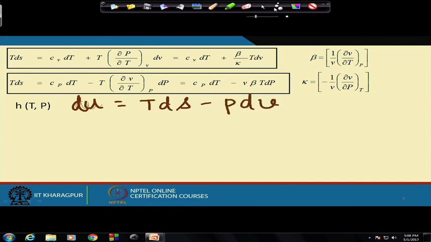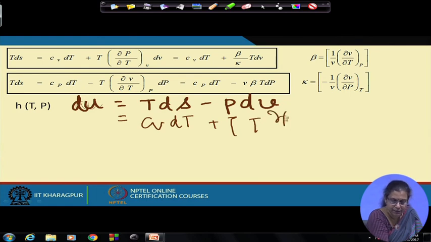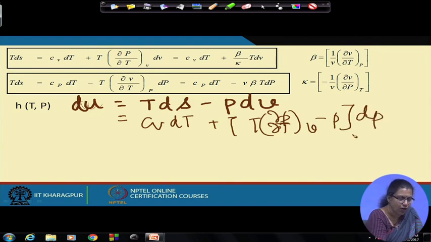This we know, and from the first TdS equation which I have written down, can I not substitute this TdS and write it as Cv dT plus T del P del T at constant V minus P dV, right? Or in other words, I can also write it in terms of beta, kappa, etc.